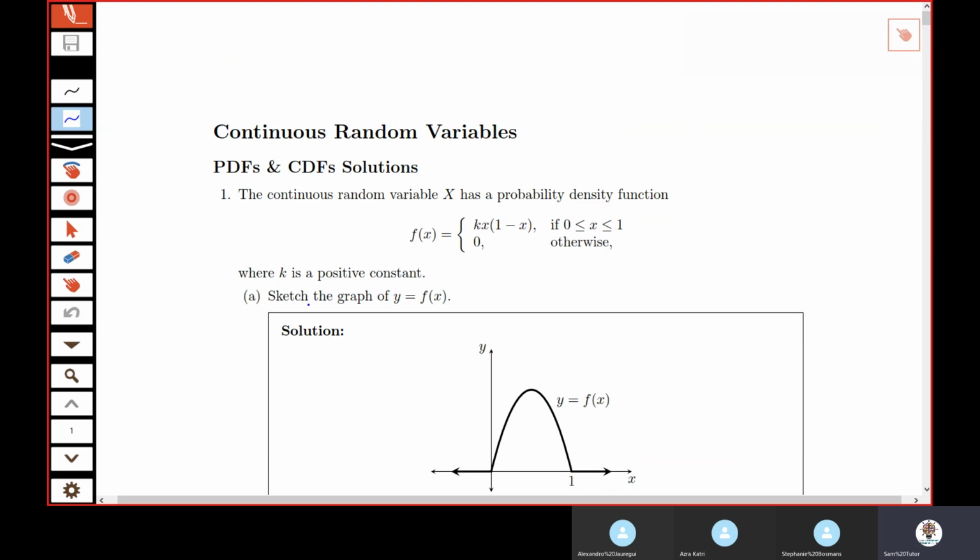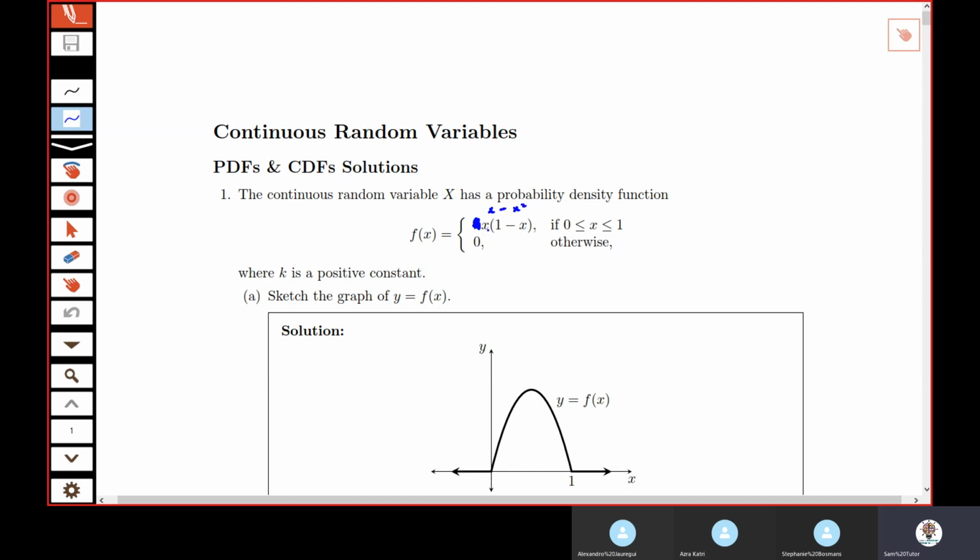So it says sketch the graph of y equals f of x. Well, the way you would think about it is you would ignore the k, and think about what kind of graph f of x equals x(1 minus x) is. That would be a sad parabola, because it's 1 minus x. When you expand this, it's x minus x squared.